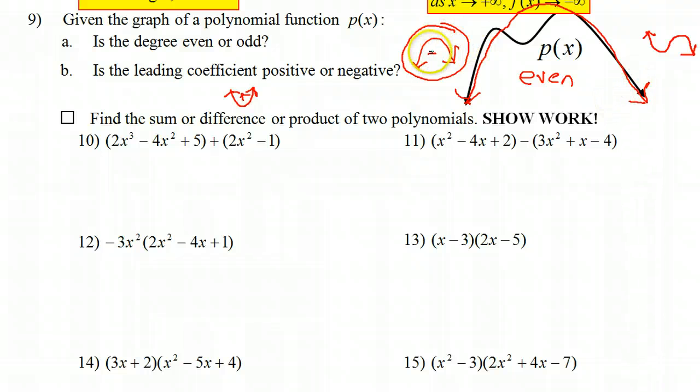So this function has even degree because it has end behavior like a parabola, and the leading coefficient is negative. There must be a negative in front because it's like an upside down parabola. Okay, so is the degree even or odd? Even. Is the leading coefficient positive or negative? It is negative.